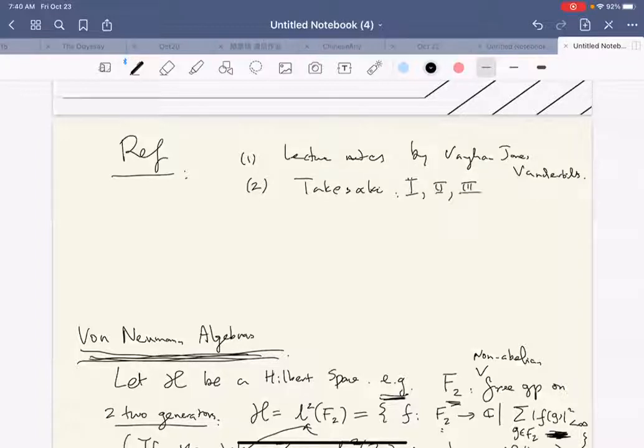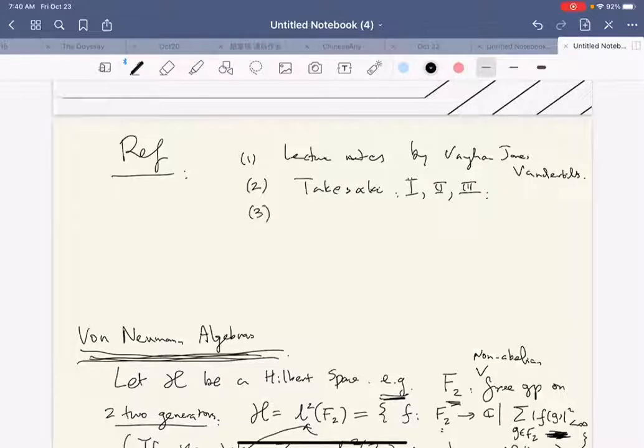To tell you the truth, even up to this day, I'm still occasionally looking through some of those. The one thing I especially like about Takesaki is that at the end of each long chapter, there is a very short section of historical comments, and it's very enjoyable. If you have nothing better to do, just read those notes; it will be interesting.